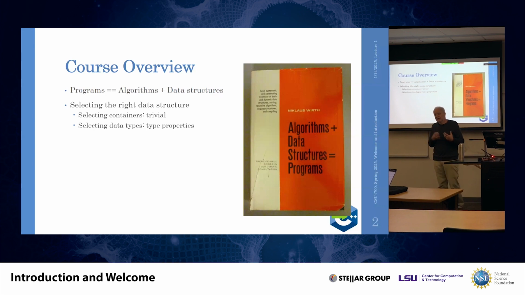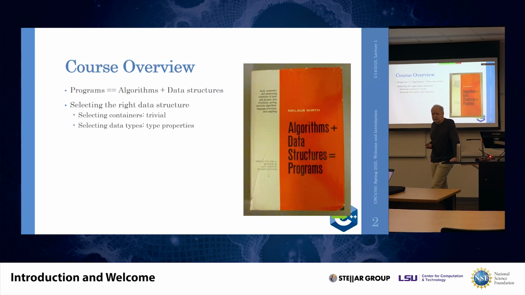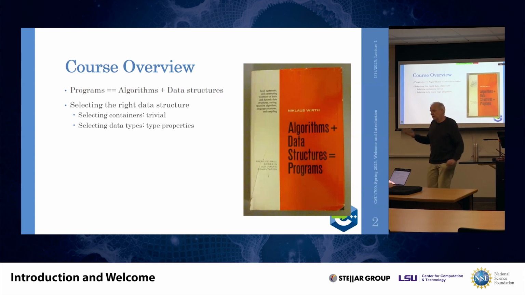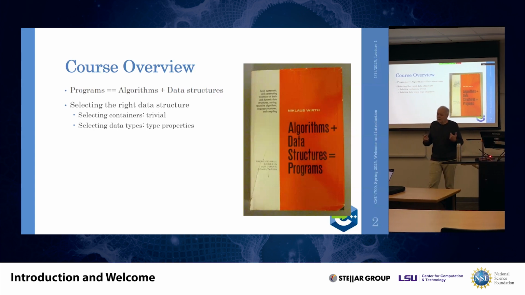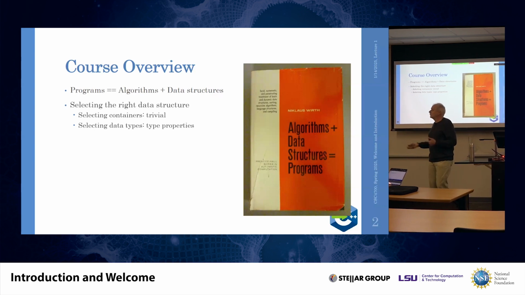And we will touch on type properties a lot, because type properties will help us to simplify and to make our code more versatile. If we know the properties of the types our algorithms work on, and we want to use that very same algorithm on a very similar data type, we can be sure that we can do that as long as the type properties of these two things match.